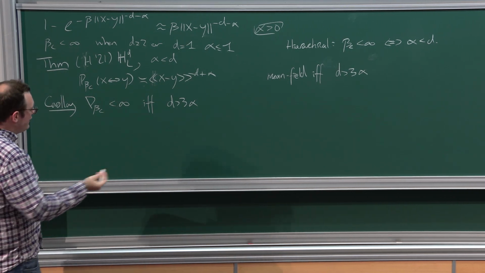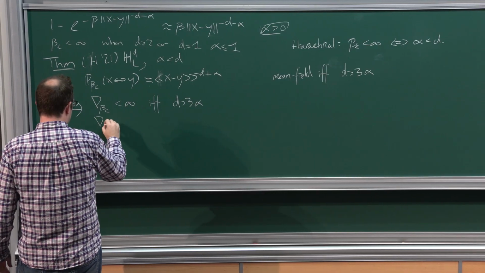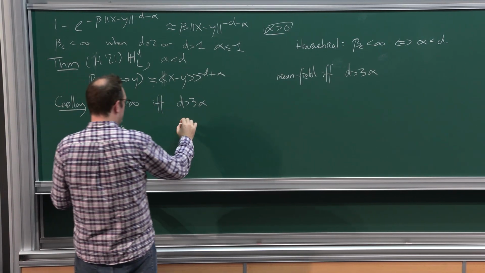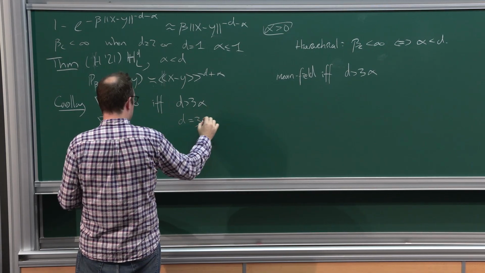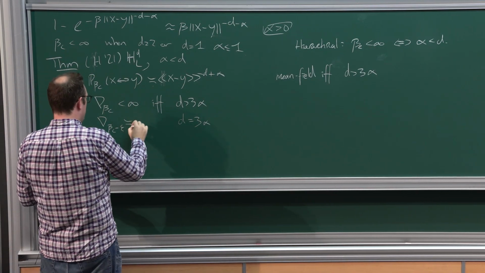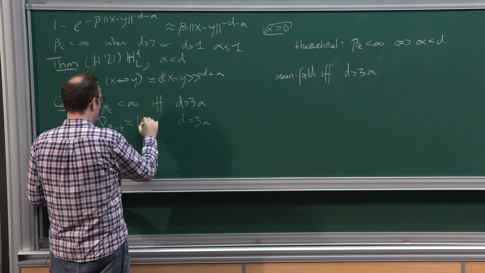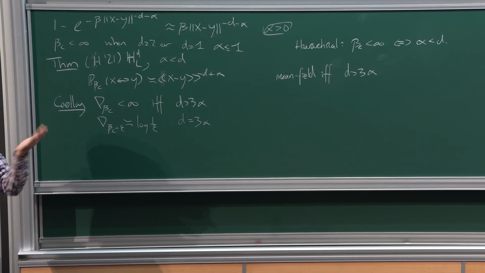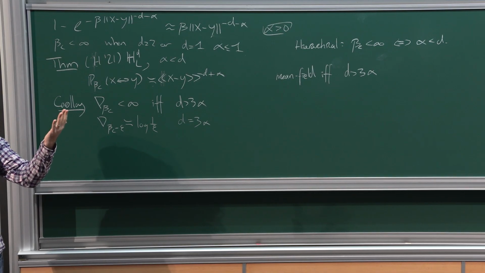Another thing here is that in the case where d is equal to 3 alpha, you can deduce from this, with a bit of work, that you get this logarithmic divergence of the triangle as you approach beta_c.